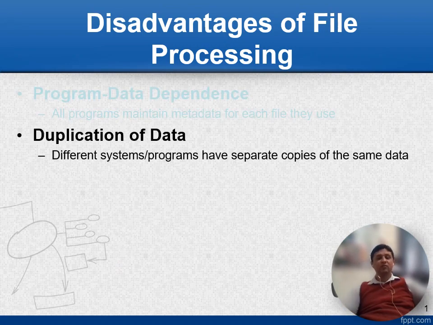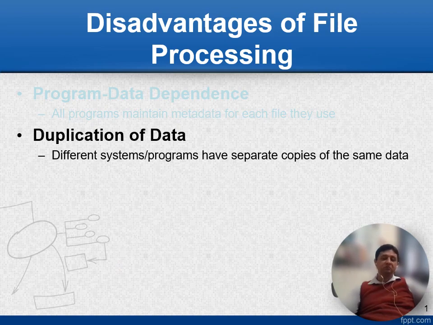The second disadvantage was duplication of data, because there was limited data storage or limited data sharing, and we did not have any centralized controlling agent. Because of this, there was a duplication of data. Duplication of data means that we had to keep separate multiple representations of the same objects or events.